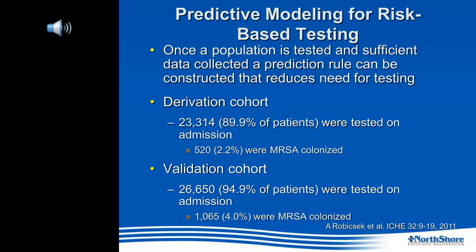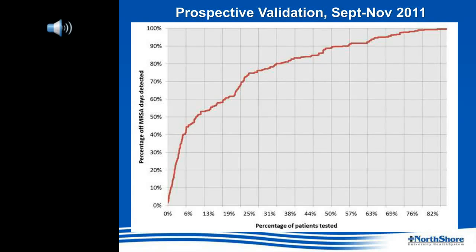So once a population is tested and you understand it, you can actually predict quite well who is likely to have MRSA on admission and reduce the number of patients that are tested on admission. And this is another of my colleagues, Ari Robichek, did this for us and built a model predicting who needed to be tested.